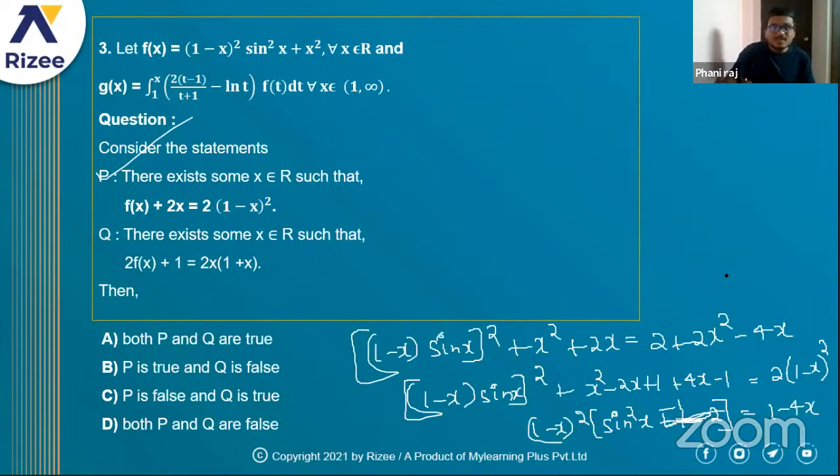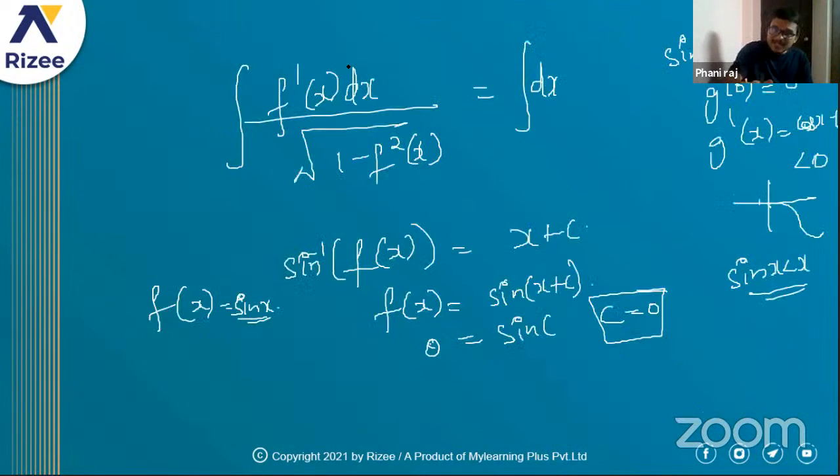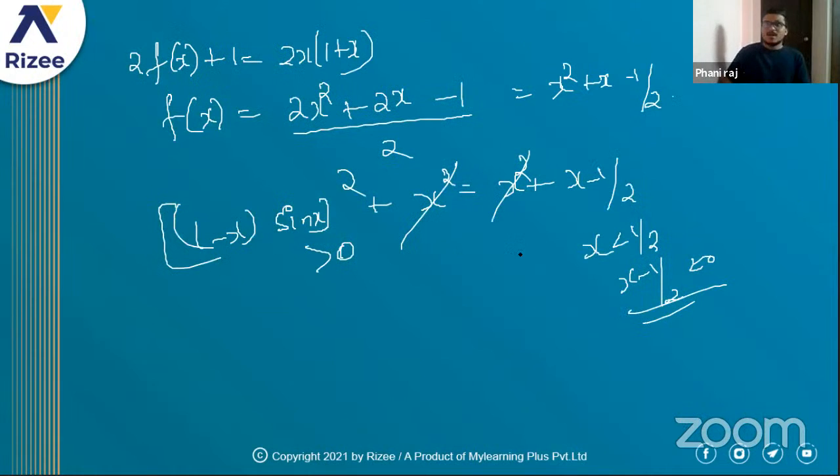But did they mention something like that? See here, for all x belongs to R. This is very important. For f of x, for all x belongs to R. That means even for x less than half, this should hold true. But for x less than half, x minus half is less than 0, but this, no matter what your x is, is always positive. So Q is false.